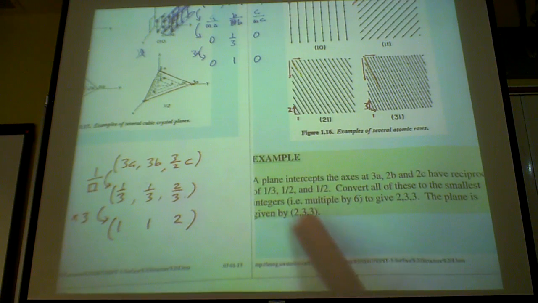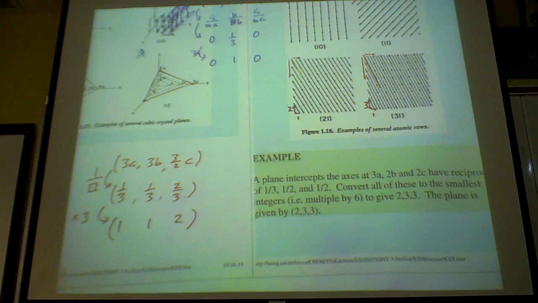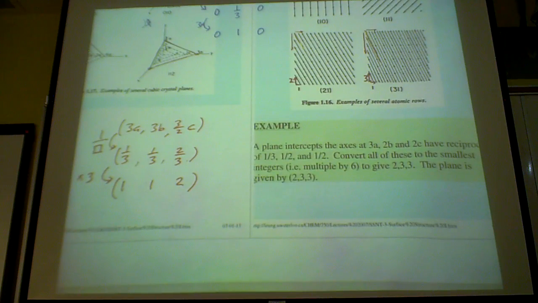So you multiply by 6 and get 2, 3, 3. That becomes the Miller index of that plane. So the plane is identified as a 2, 3, 3 plane. Okay? So that's simple enough. I hope that people remember how to do these Miller indexes.